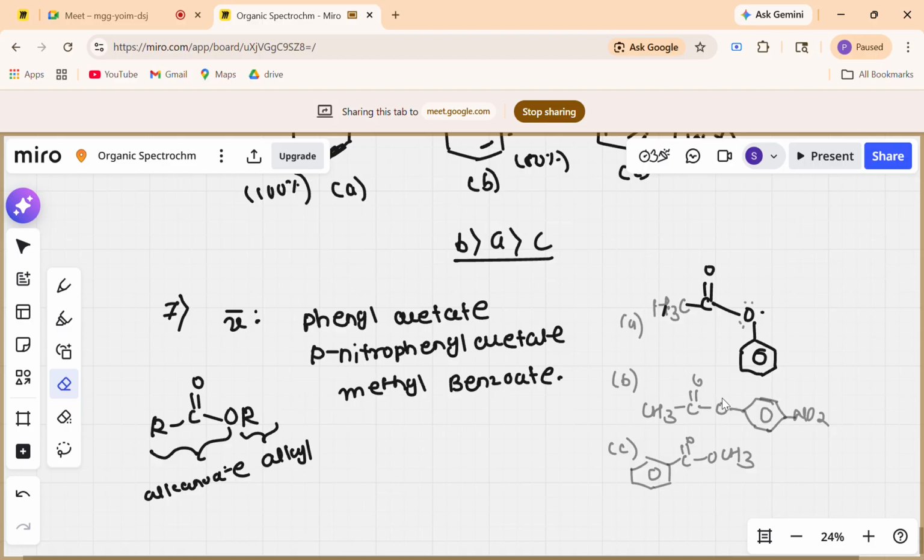Now this is attached to C double bond O OCH3. Okay, so this is A, B, C. Now determine the order. What will be the order?